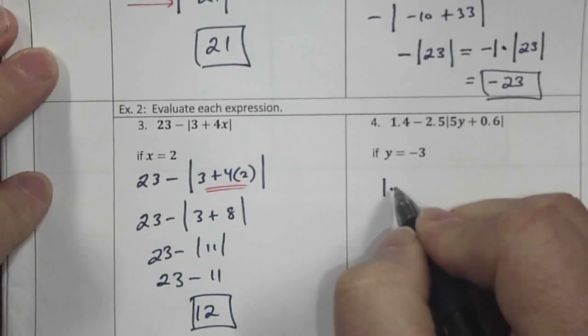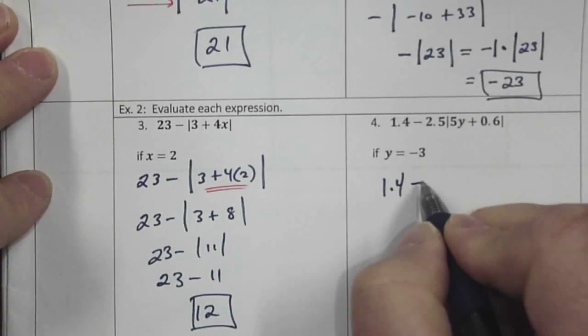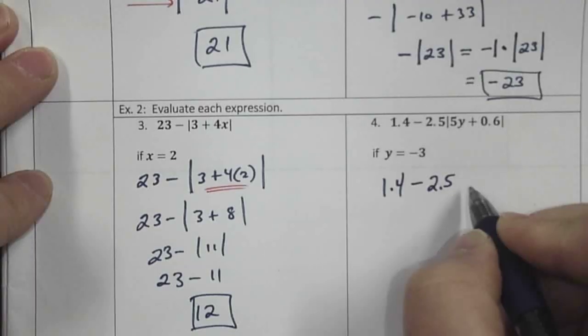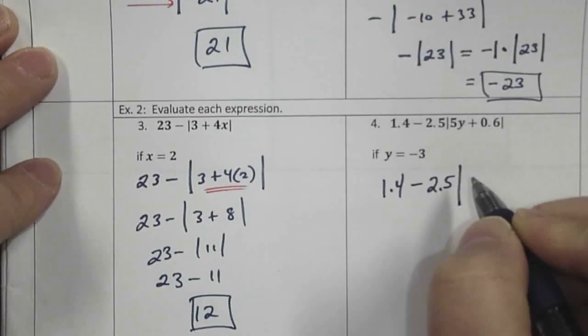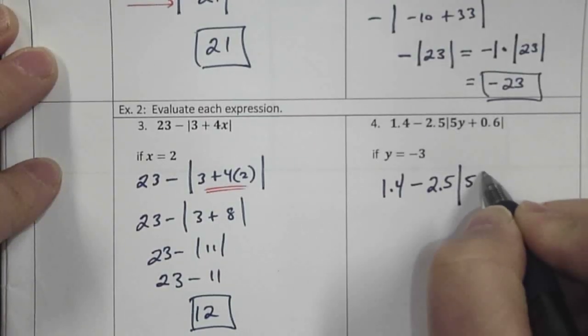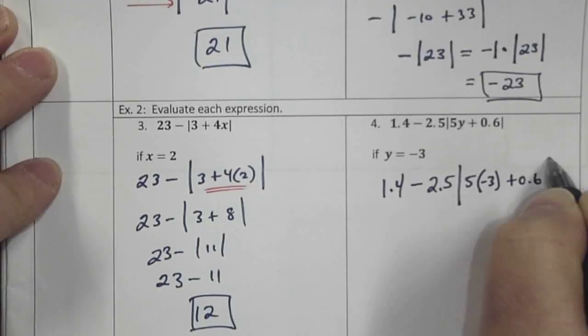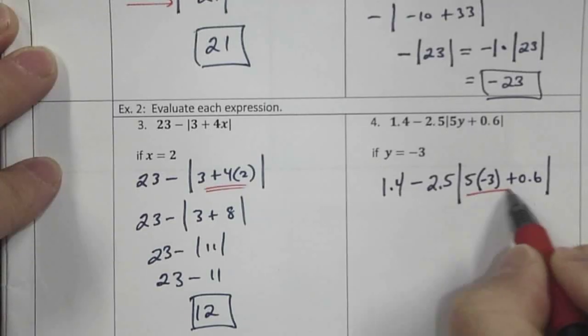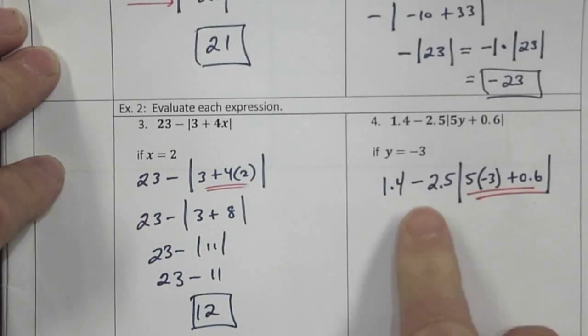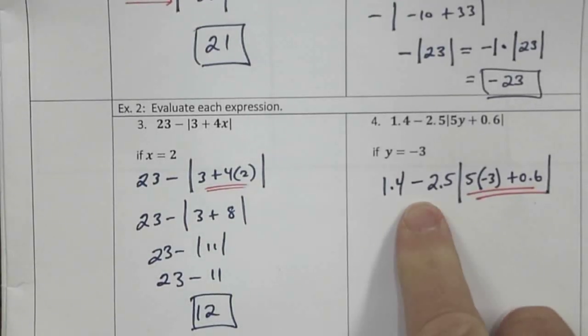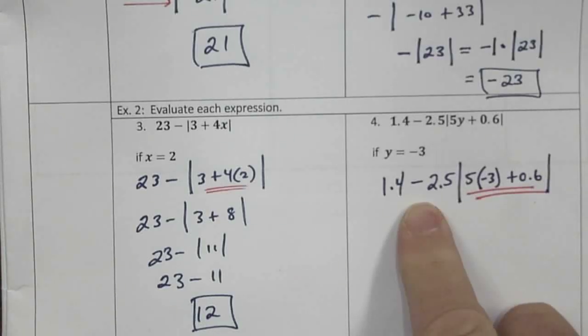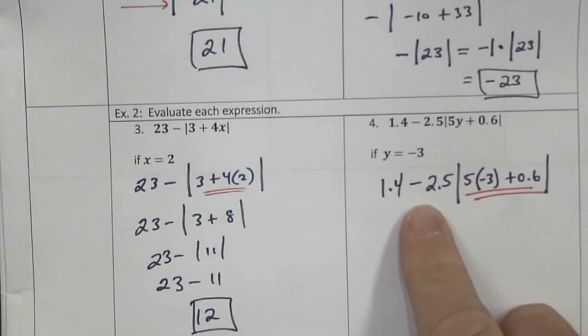This one over here, 1.4. Be careful with these decimals now. I might rely a little bit on a calculator here. We'll see. 5 times -3 plus 0.6. So again, we're going to work in here. Some people are going to want to do this right outside. 1.4 minus 2.5. And they'll go, oh, it's -1.1.